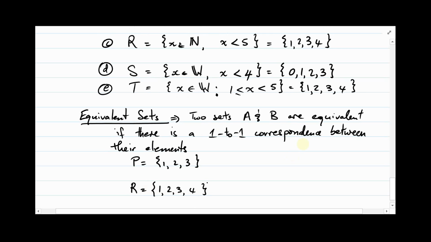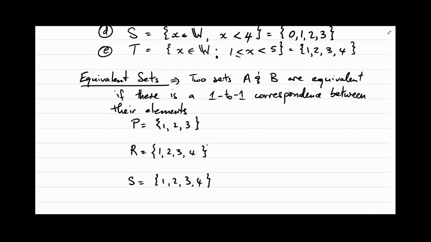All right, if we look at set P, if I try to put anything in one-to-one correspondence, I'd be missing an element. So what we can say is that set P is not equivalent to set R. Right?